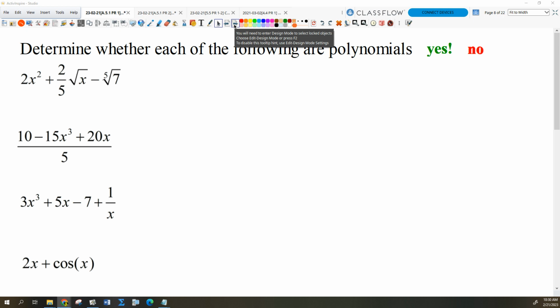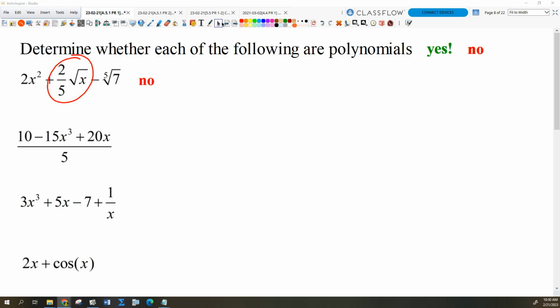They're just going to be a variable to a whole number exponent. You can't have variables show up in any other way or it makes it not a polynomial. So because of that term right there, this is a big fat no. That's not a polynomial.